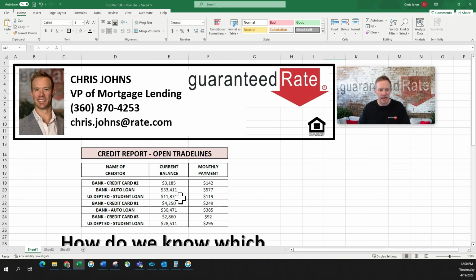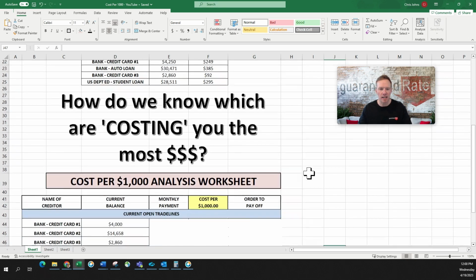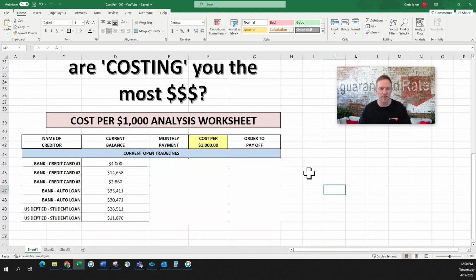If you just stare at these trade lines, it's a little bit hard to extract which one is actually the most expensive loan or which one is costing you the most. So how do we know which one of those trade lines is costing us the most and which ones to pick on? Let's go to the cost per thousand worksheet and find out.